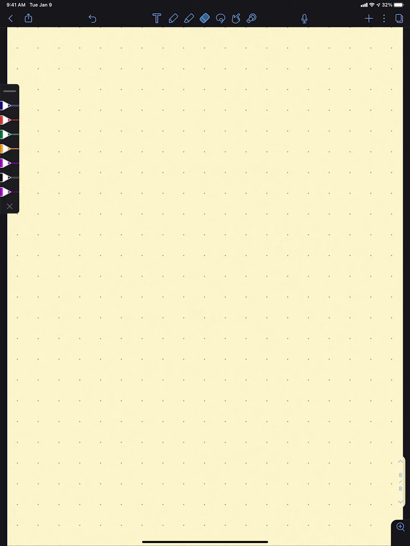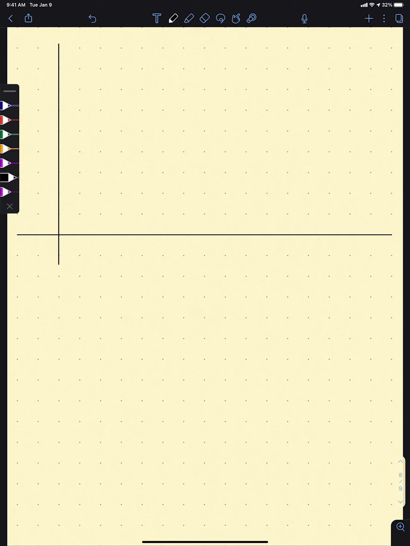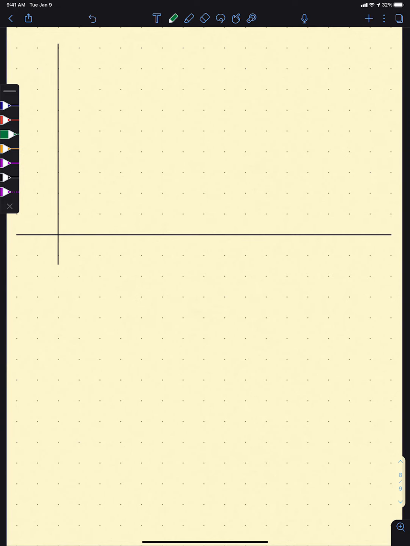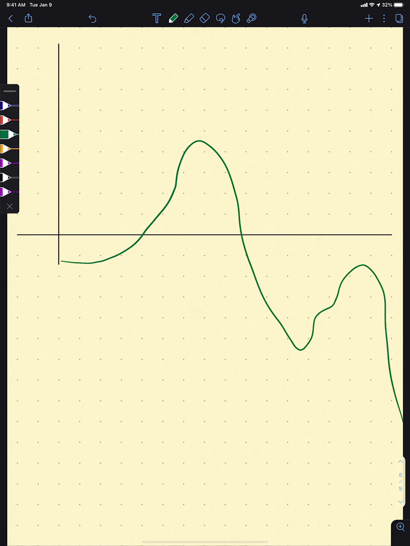Okay, so I'm going to throw a graph up. There's a much better graph of this in the book, or just about anywhere online. But if you were to look at the budget surplus in the U.S. from 1996 to 2008, it's going to look roughly something like this, and it goes up and then down.